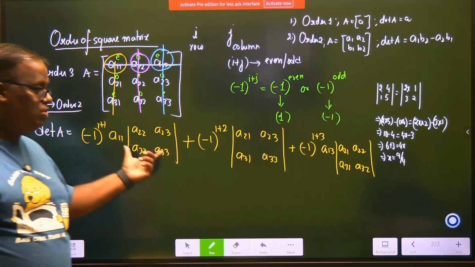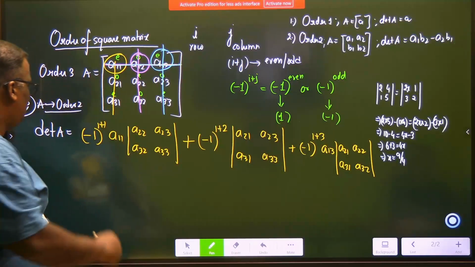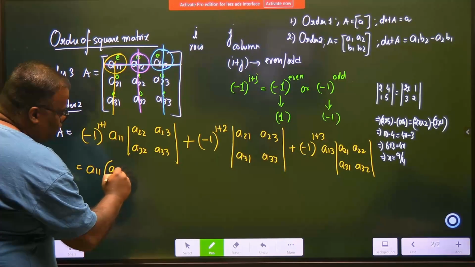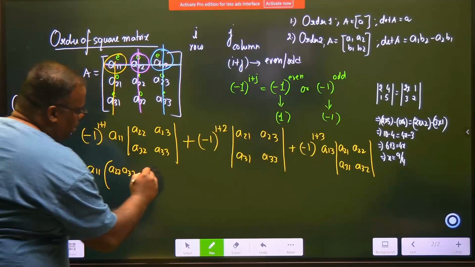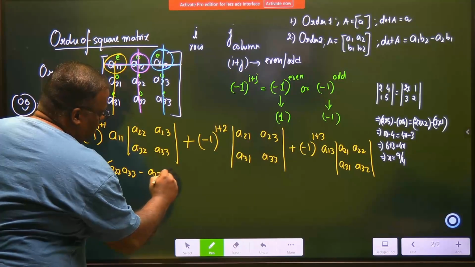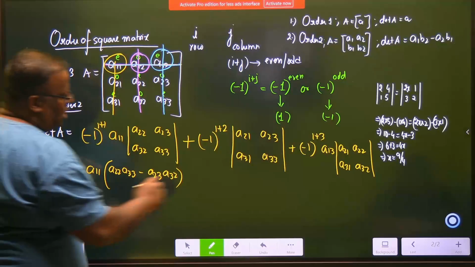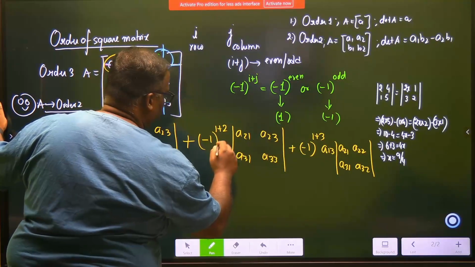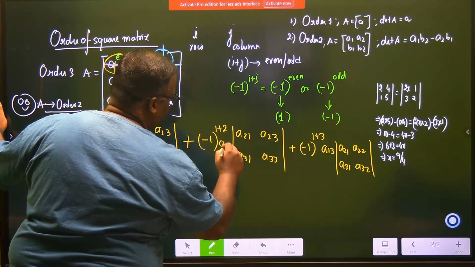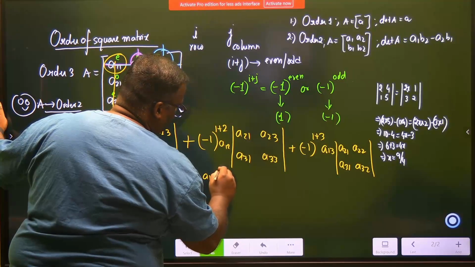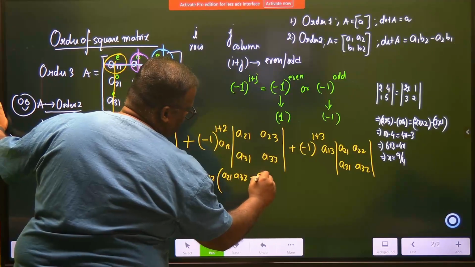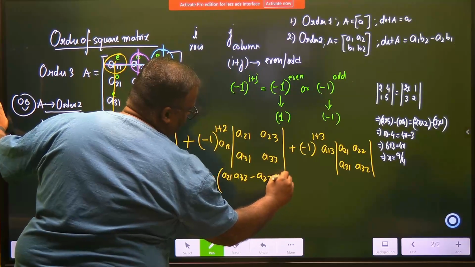And you know how to solve them. So what does it become? It becomes A11 times (A22 A33 minus A23 A32). Then it becomes minus, oh, I did not add the number. This was A12 times (A21 A33 minus A23 A31).